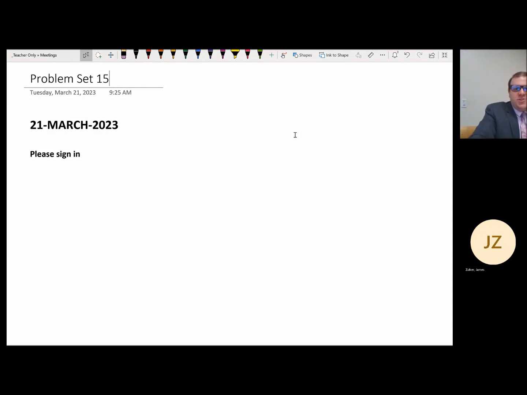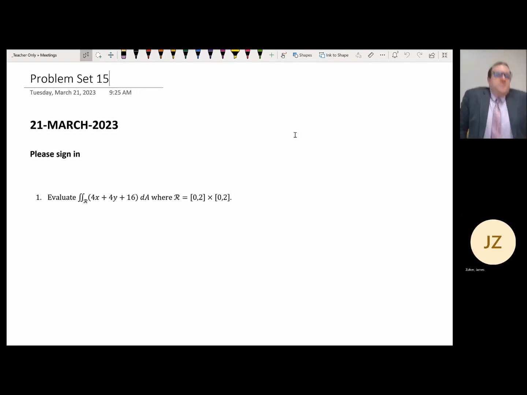Double integration over rectangular regions. So we're going to evaluate the double integral of 4x plus 4y plus 16 over the rectangle 0, 2 cross 0, 2.